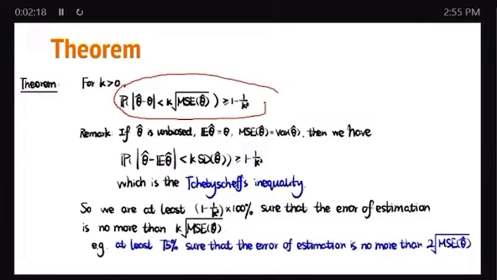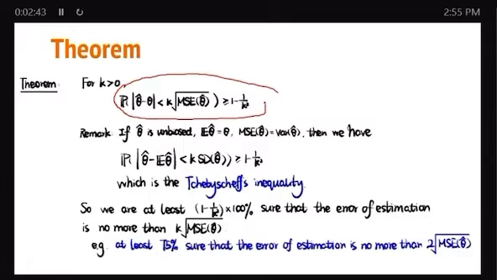Because of that, we can actually use the idea of the Chebyshev inequality, where we're trying to say the probability of the absolute difference between the estimator and the parameter being less than epsilon. What is the epsilon in this case? The epsilon is going to be k standard deviations of that particular estimator.